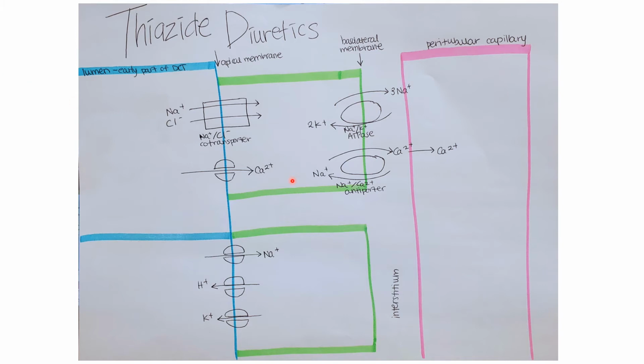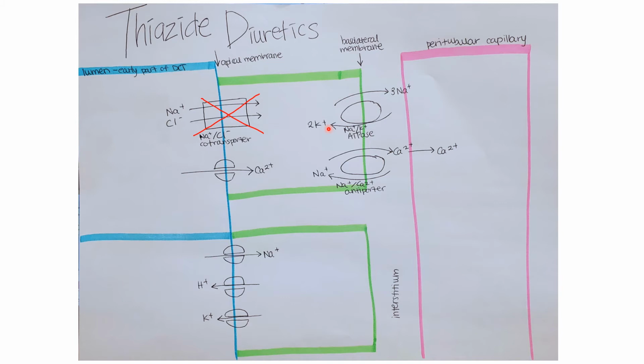Right, so what I've described so far is the normal physiological condition. So now let's try, I don't know if this is going to work. Oh, okay, it works. So thiazide diuretics block this sodium chloride co-transporter on the apical membrane of the cell. That means sodium and chloride cannot go into the cell anymore.